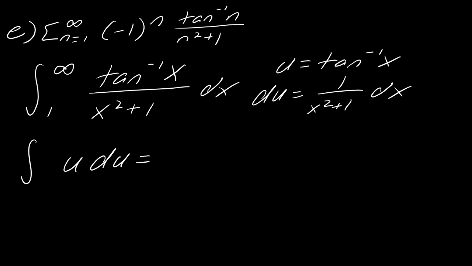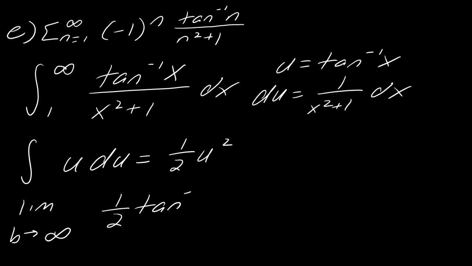And so then this will be 1/2 u squared. And then I can change my limits of integration. So let's set up a limit as b goes to infinity of 1/2 inverse tangent of x, now from 1 to b.